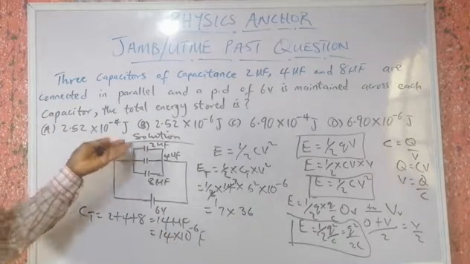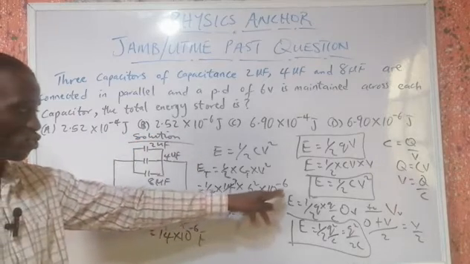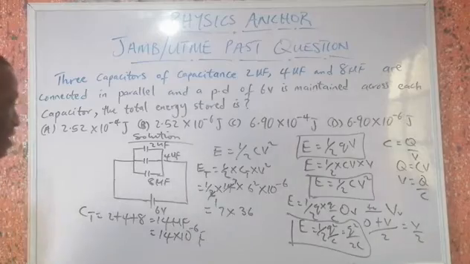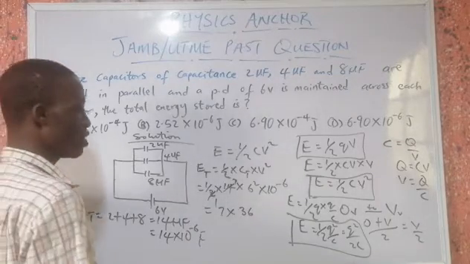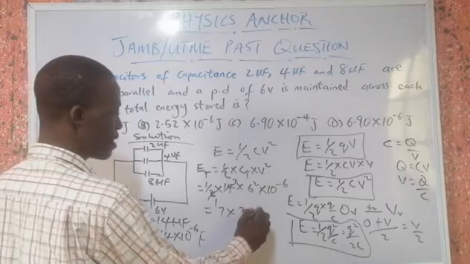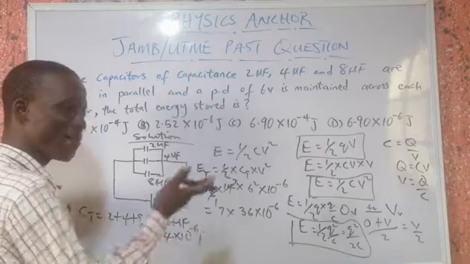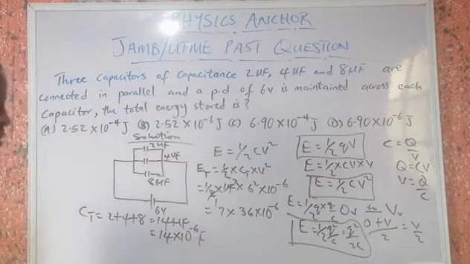If you check your option very well, you can see that they make use of it. So it's very important for you to put this times 10 raised to power minus 6, so that you are working with farad. So we have 7 times 36 now times 10 raised to power minus 6, so that we are working with capacitance in farad and not microfarad.